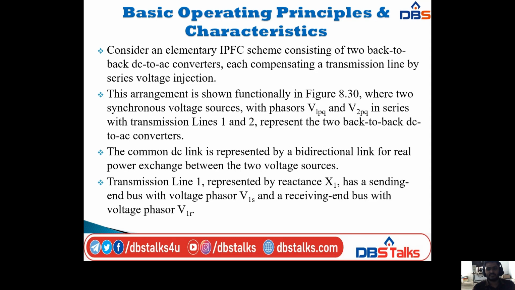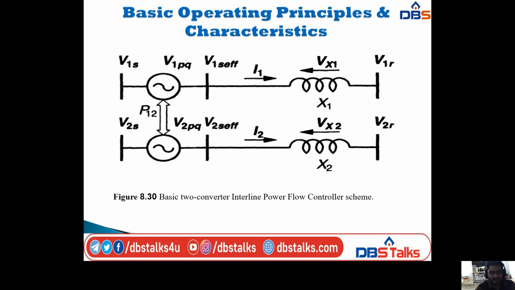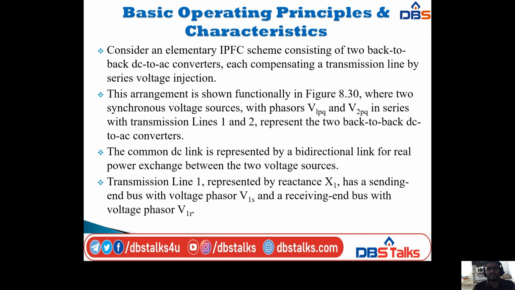This arrangement is shown functionally in this diagram, where two synchronous voltage sources, V1pq and V2pq, in series with transmission lines 1 and 2, represent the two back-to-back DC to AC converters.